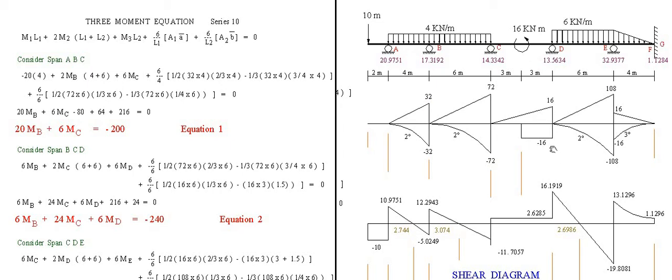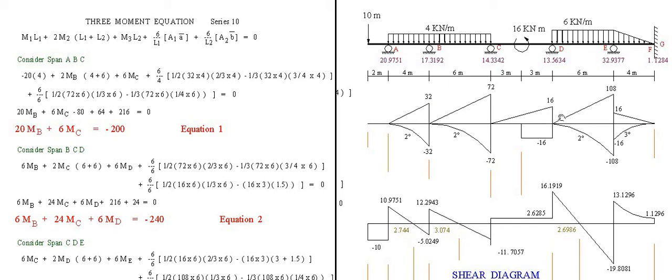Down below here, due to the couple of 16, the moment at D is minus 16. Then right away we can conclude that this is also 16. The sum of these two must be 0. So no need to compute for the reaction at C.